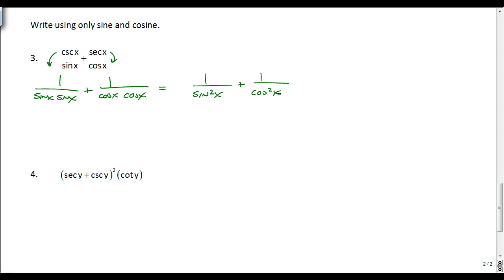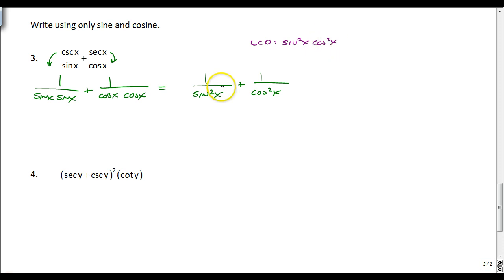Now you have to remember what we're doing. We are simplifying. So we need to add these fractions together, and just like any other chapter that we've worked with, when you add or subtract fractions, you need a common denominator. So your common denominator, LCD, is going to be sine squared x, cosine squared x.